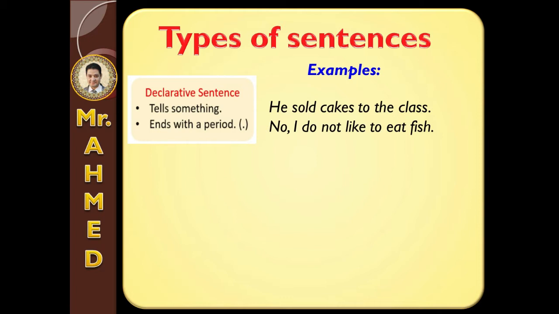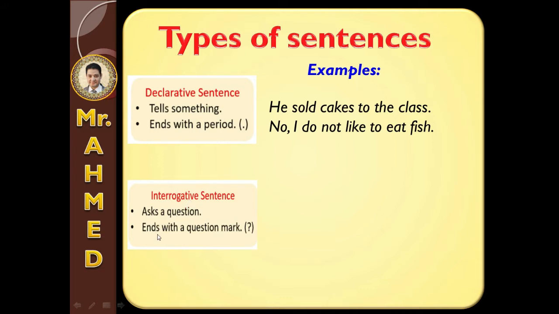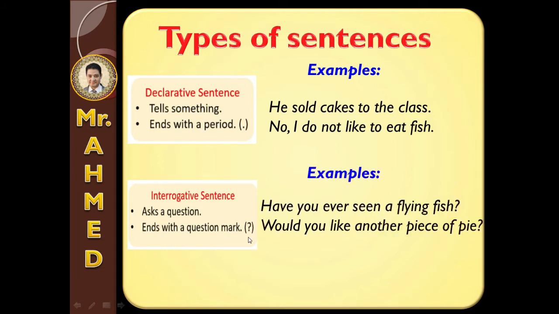They tell something. Another kind of sentence is the interrogative sentence, with which we ask a question, and this kind of sentence ends with a question mark. Examples: Have you ever seen a flying fish?